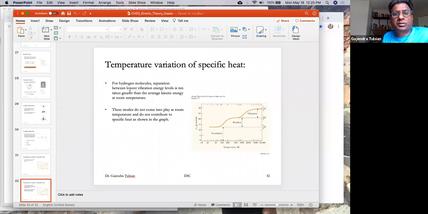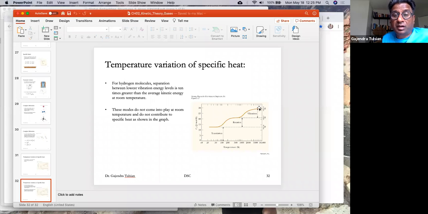For the hydrogen molecule, the separation between the lowest vibrational energy levels is 10 times greater than the average kinetic energy. So to excite the vibrational level, the temperature essentially has to be 10 times greater. You won't excite the vibrational levels until the gas is very hot.